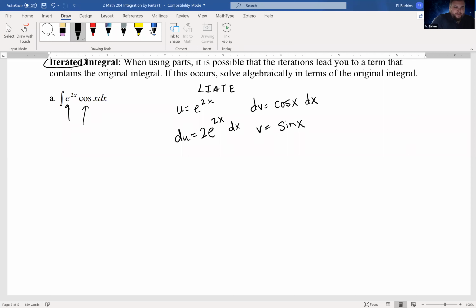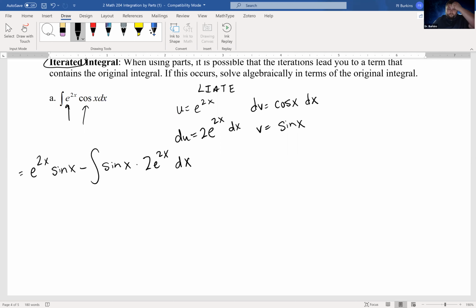So write out the first step. It is u times v minus the integral of v times du.